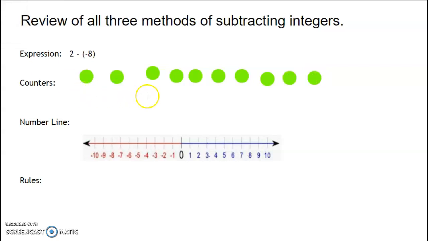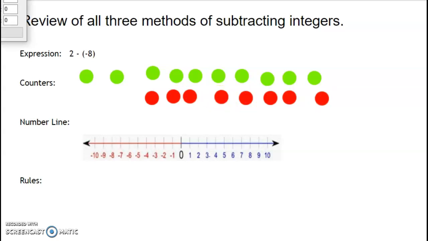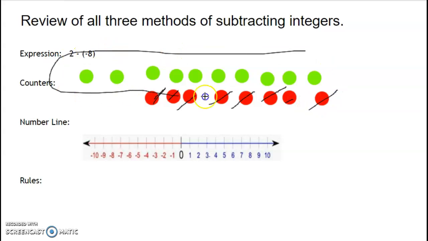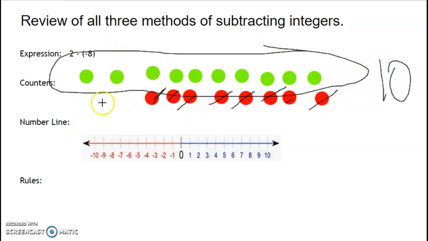And I'm going to add 8 red counters. Now I can go ahead and take away 8 red counters. That means I'm left with 10 positive counters, so 10 green counters.